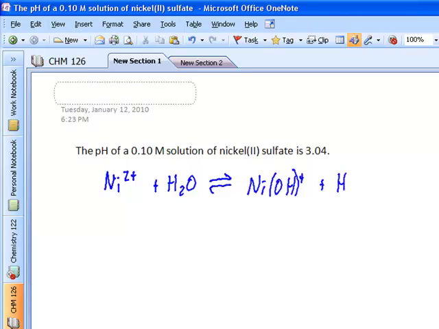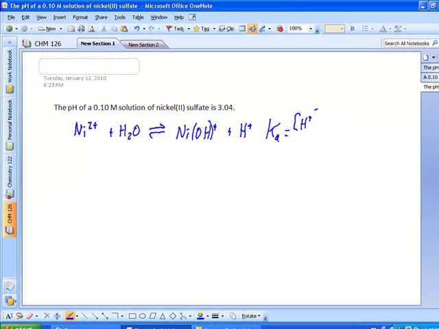The result is we also have hydrogen ion in solution. If we were to write a Ka for this, it's going to be the concentration of the hydrogen ion times the concentration of this complex, divided by the concentration of nickel(II) ion in solution to begin with.